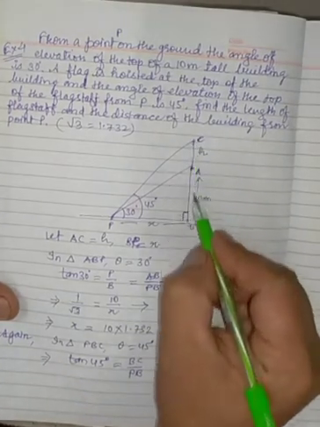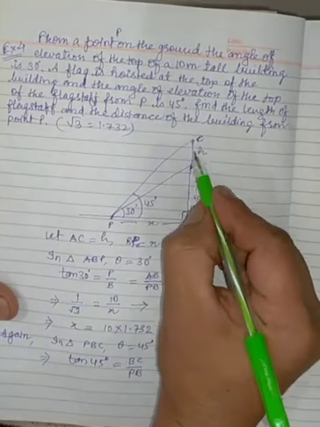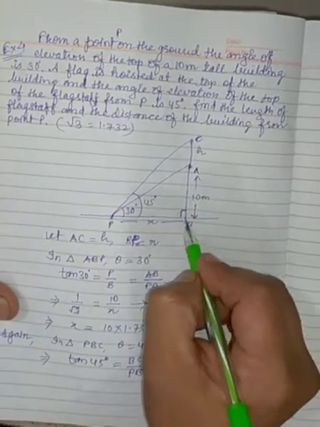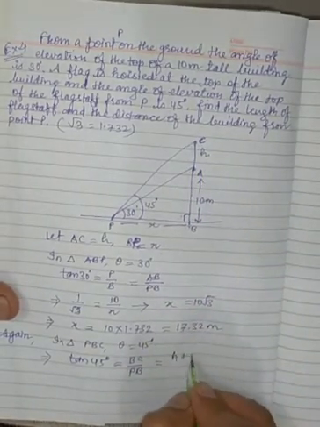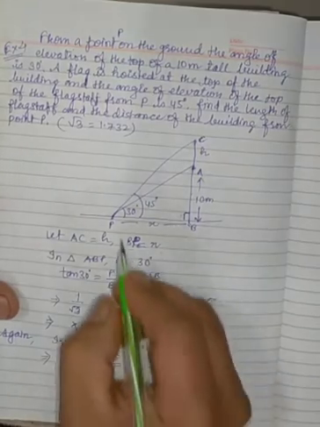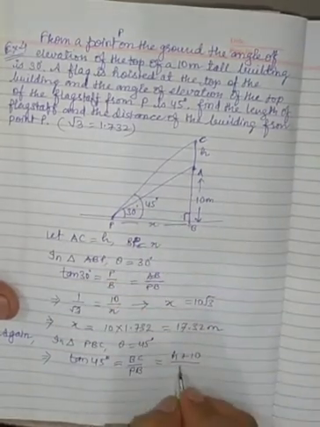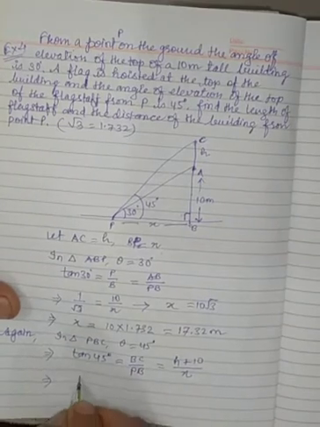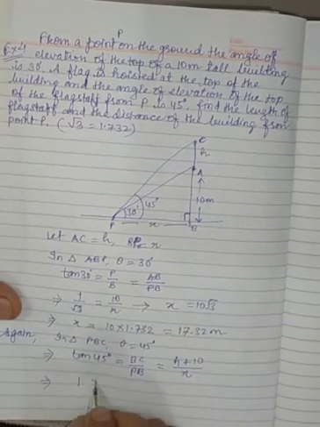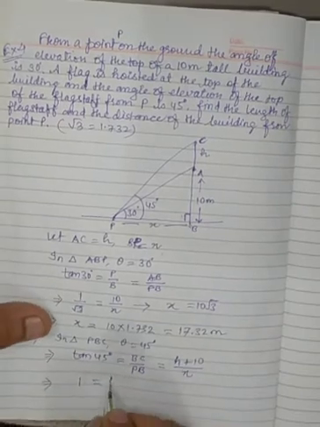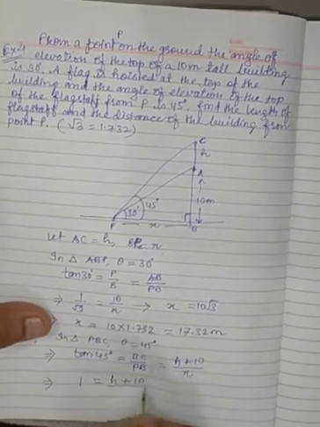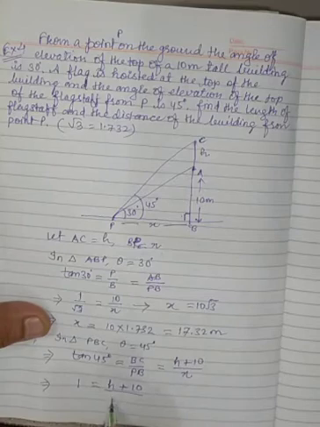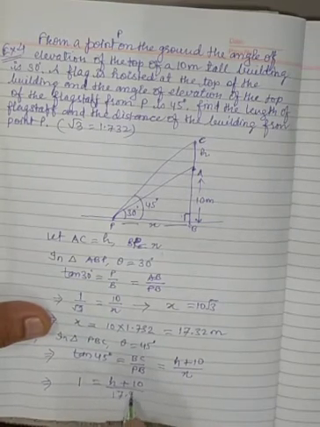Now BC is equal to H plus 10, upon PB, we have got the value of X. So tan 45 degrees, which is equal to 1, is equal to H plus 10 upon the value of X, which is 17.32.